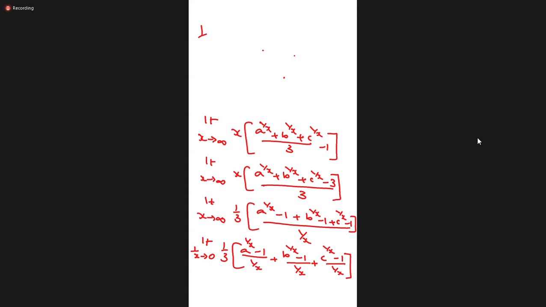So if you consider 1 by x as x, then you will get the formula: limit x tends to 0, (a power x minus 1) by x. What is the formula? Log a. This is log b, this is log c. So log a plus log b plus log c, log abc. 1 by 3 is the multiple.